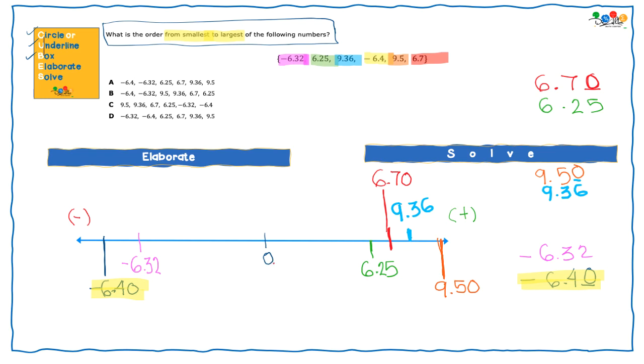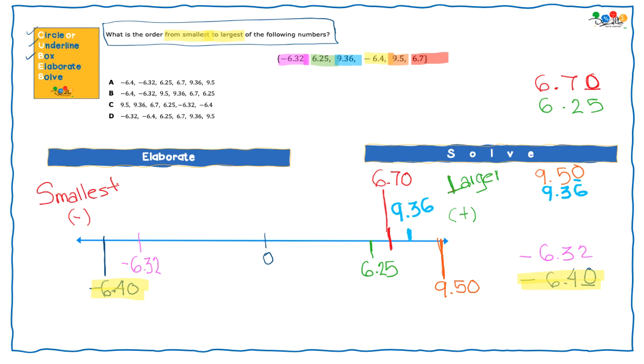The smallest numbers are always more towards the left, and the biggest numbers are more towards the right. So I'm going to put those labels here. Towards the right, we have the largest numbers, and towards the left, we always have the smallest numbers. Great.